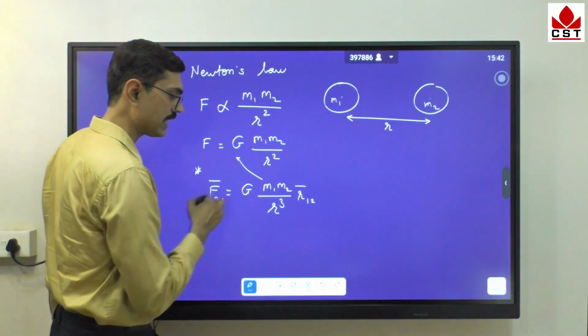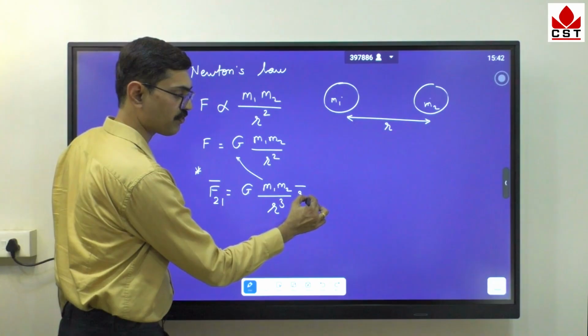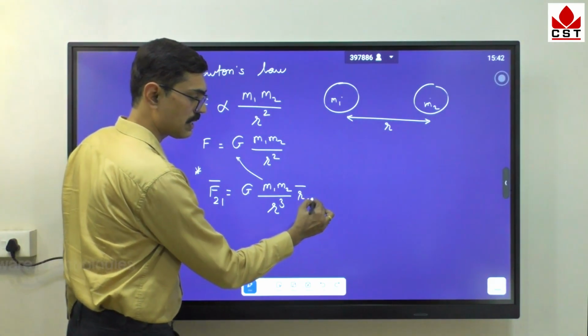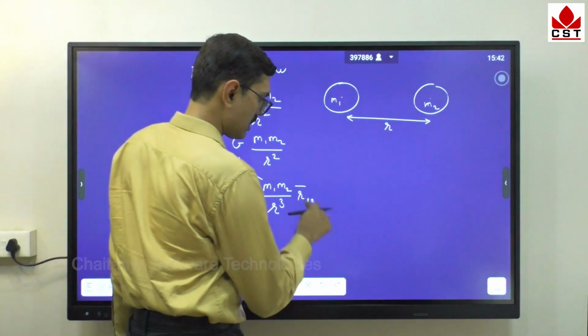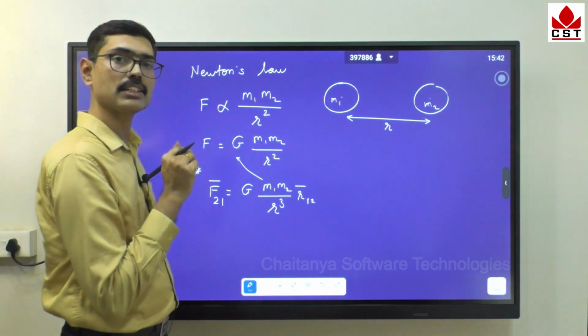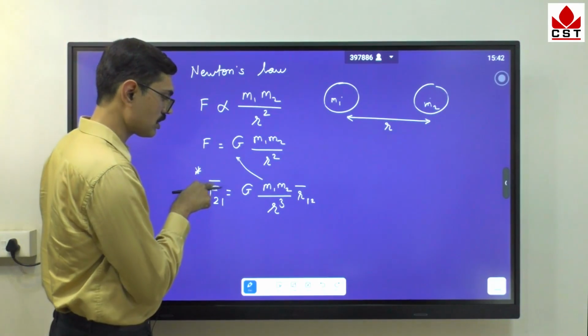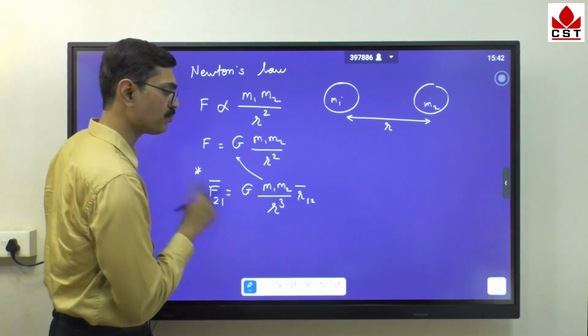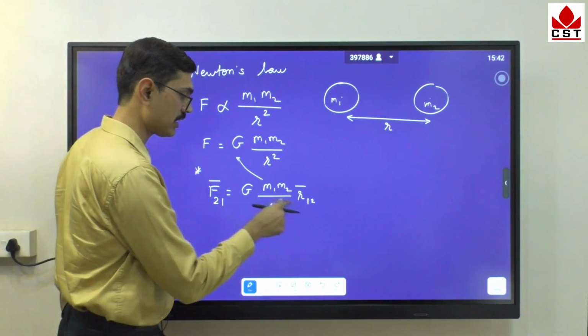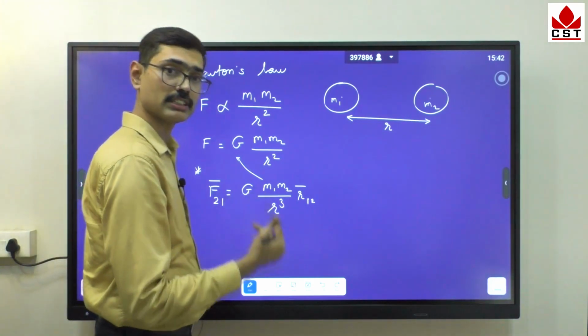So this is the sign convention when the distance is measured from first to second, because the first mass is exerting a force on the second object. Therefore, this is the force on the second due to the first. This is the main part. The sign is reversed.